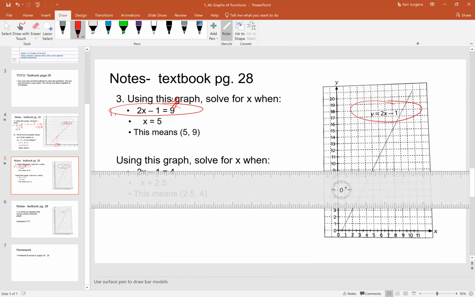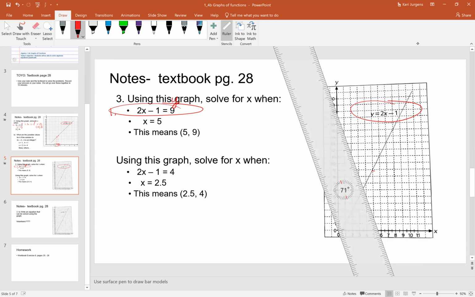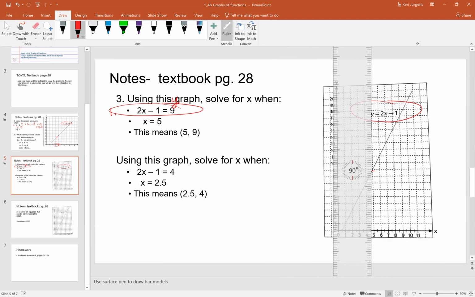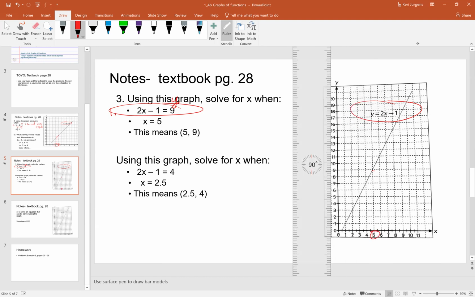And it intersects the graph right there. So let's flip it and see where that intersects with the x-axis, which is right there at the 5. So when y equals 9, x equals 5, and this is how we write our ordered pair. Remember, x comes first, 5, 9.